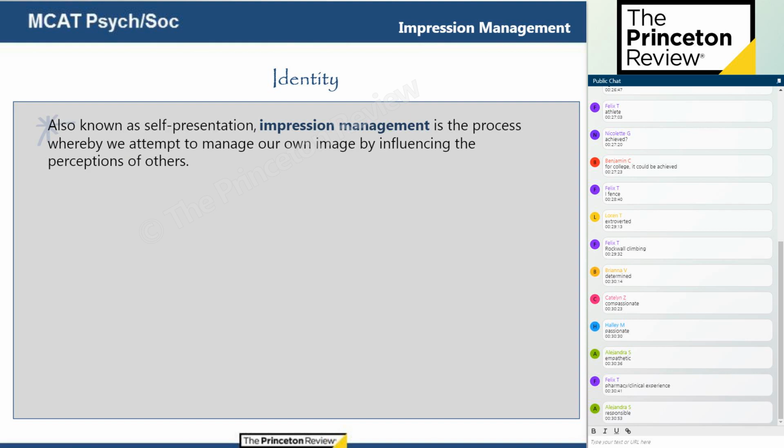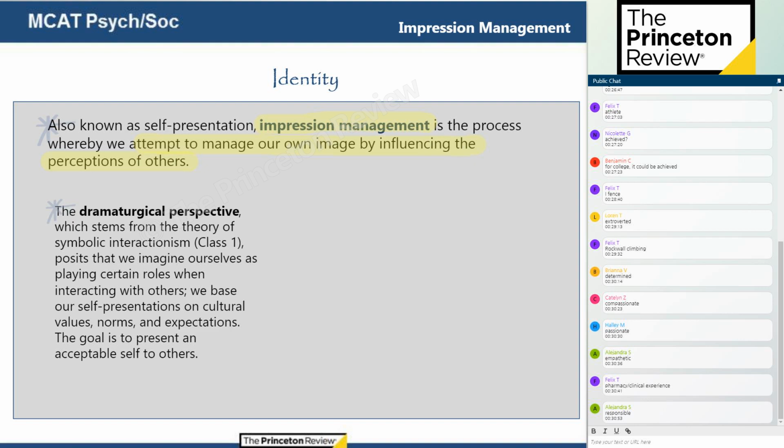Okay, well, part of that is related to something we call impression management. We try to manage our image by influencing how others see us, how they perceive us.